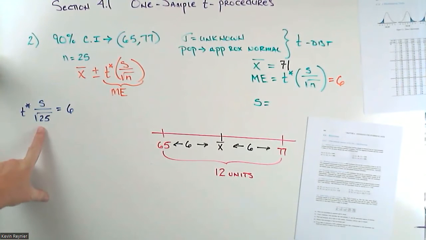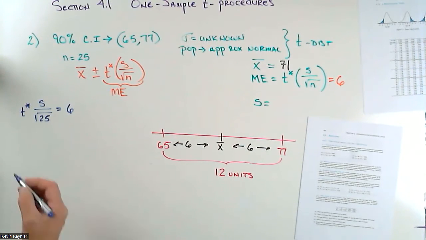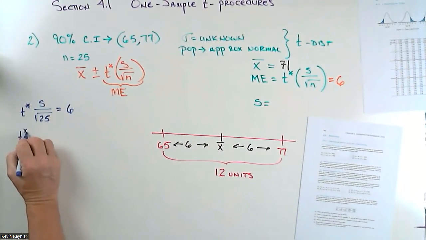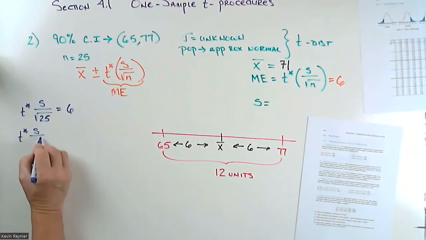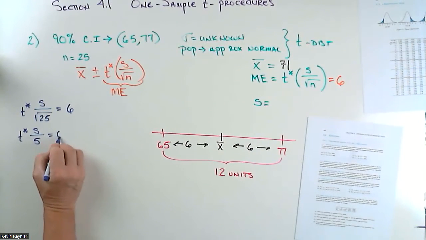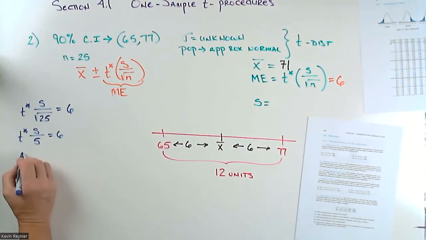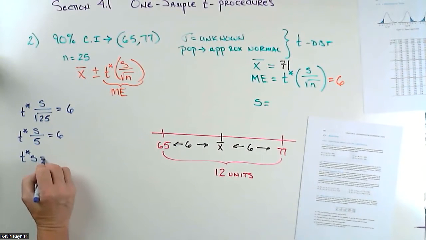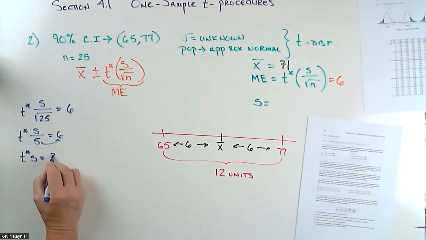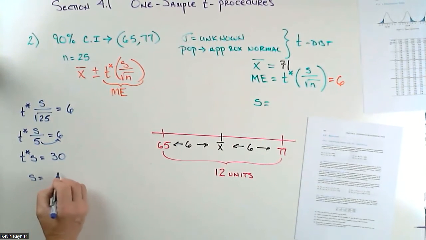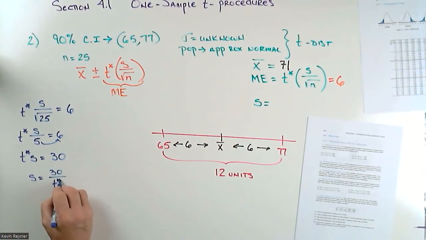The square root of 25 is 5. So now we have t star times s over 5 equals 6. We can multiply both sides by 5 to clear the fraction, and we get t star times s equals 6 times 5, which is 30. So s is equal to 30 divided by t star.